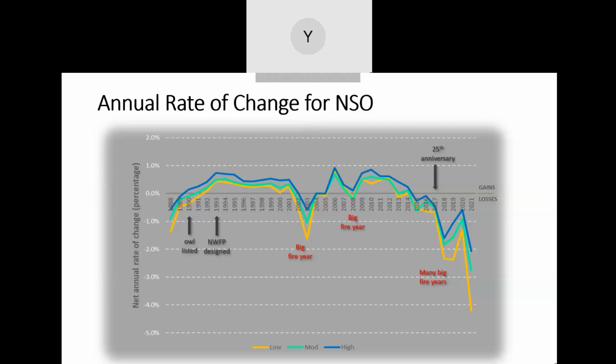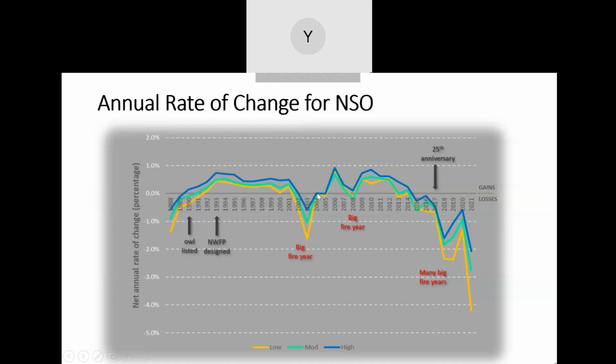Once they were listed, we see the refugia area keep increasing, mostly in the positive range. When some big fire happened, like in 2003, we see a big drop. That highlights that refugia is not consistent.